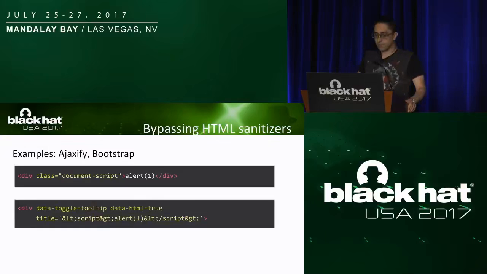And the same example as before, Bootstrap. It turns out that the very same vector also works brilliantly for bypassing HTML sanitizers, which exemplifies the fact that you don't need to find a unique gadget for every XSS mitigation. Sometimes a single gadget can bypass a couple of them unmodified.